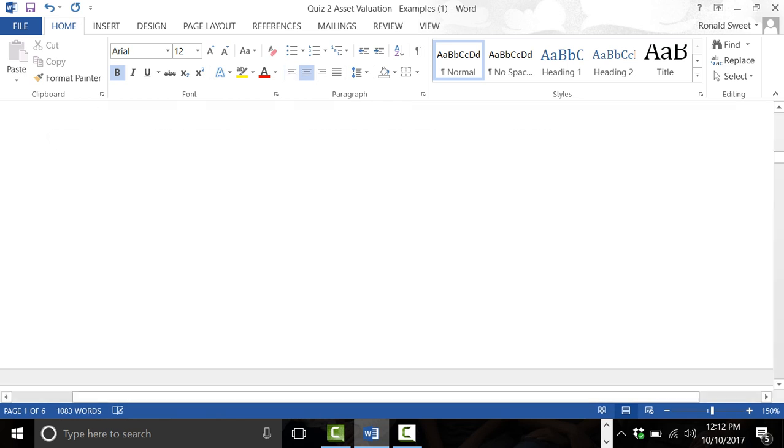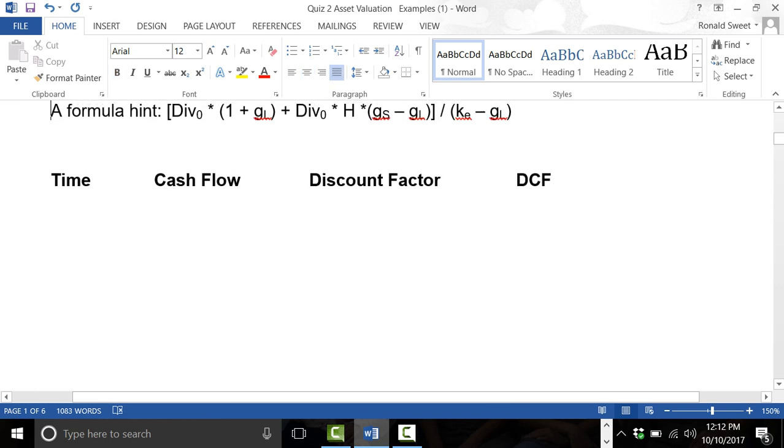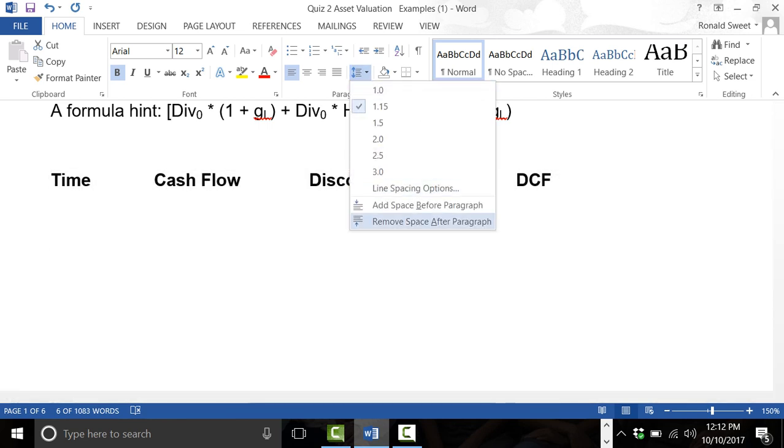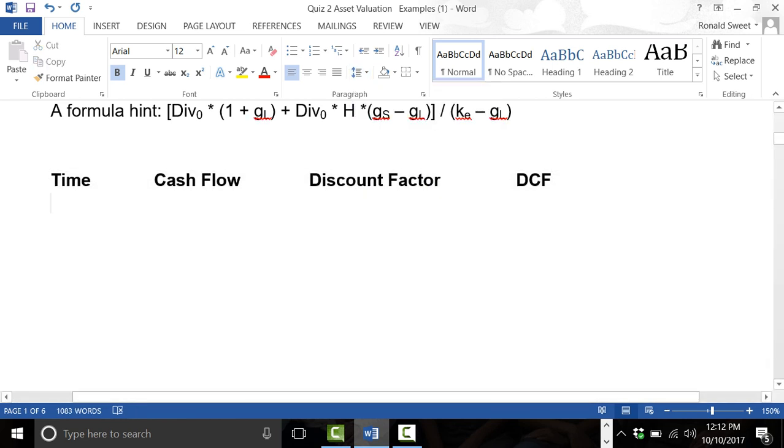Time is, since it's really 2 years left on this bond, we want the time to be 2 years, but we get cash flows every 6 months, so we'll actually get a cash flow in 6 months, which is the time of 0.5. We'll get cash flows in 1 year, which is 1, cash flows in 18 months, or 1.5, and cash in 2 years.